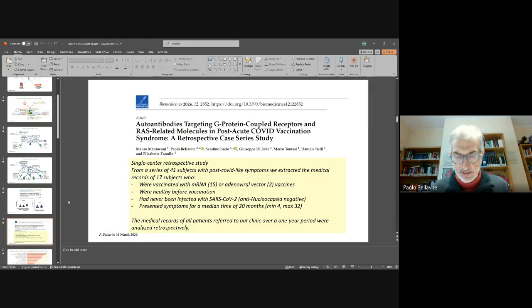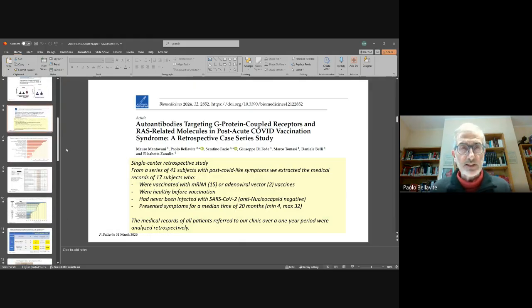To clarify the immunological aspects of post-vaccine syndrome, we performed a retrospective study of a number of subjects cured by doctors of a clinical institute in Milano, where patients affected by this syndrome are cured.